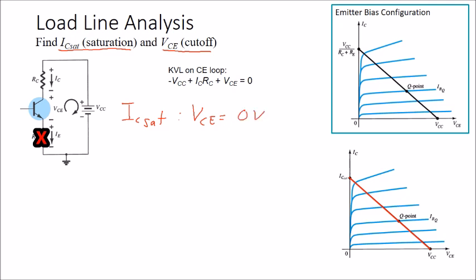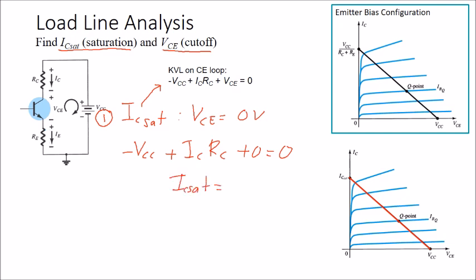This is the first point you have to find. During the IC saturation, VCE equals 0, so we just substitute the value into the equation. You will find the equation will be VCC plus IC RC plus 0 equals 0. So IC saturation is equal to VCC over RC.